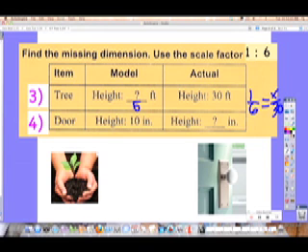Okay. Passing my mic to Jalen. Thank you. So 1 to 6, I did the same setup. 1 over 6 equals x over 30.